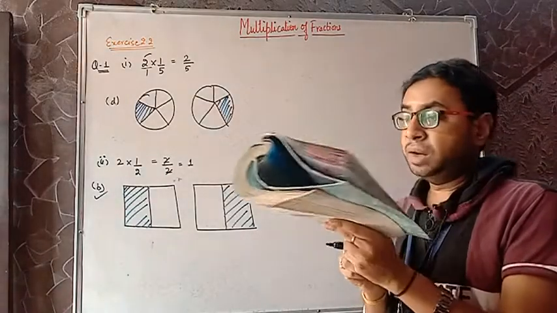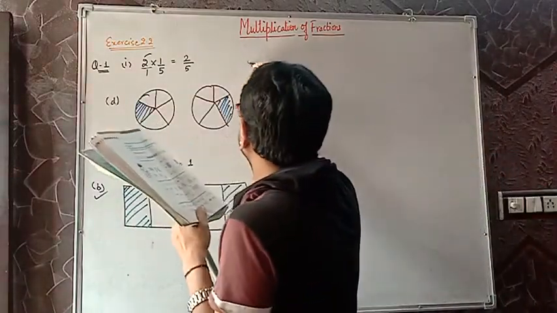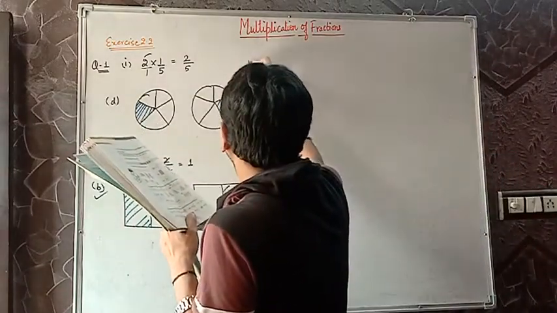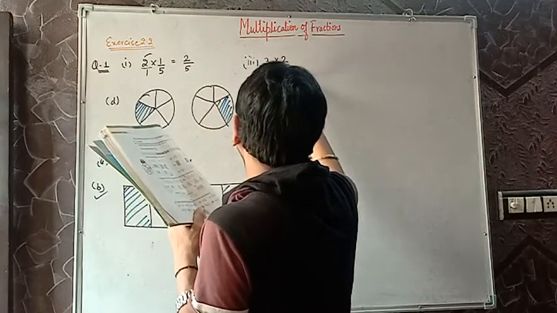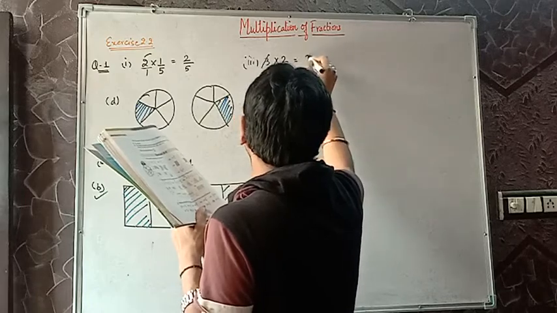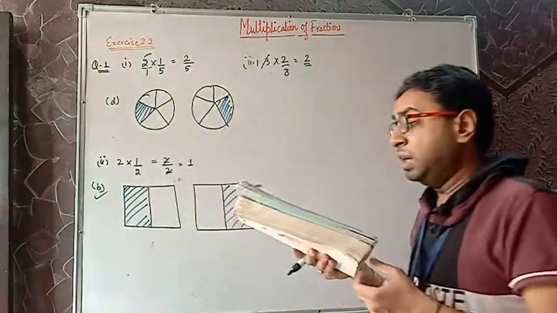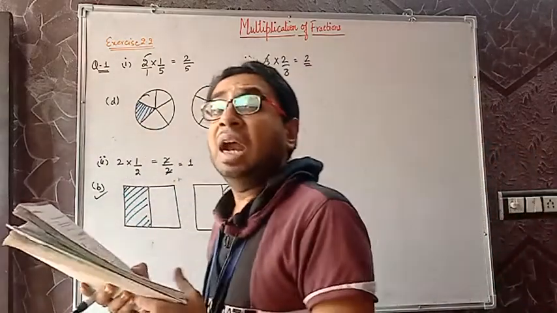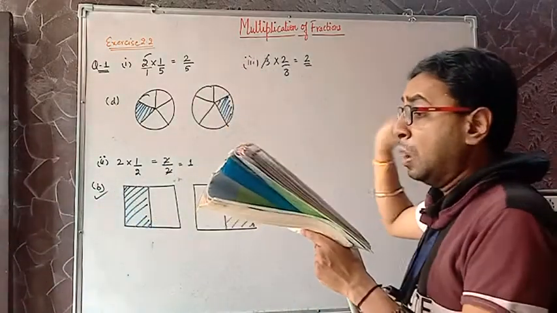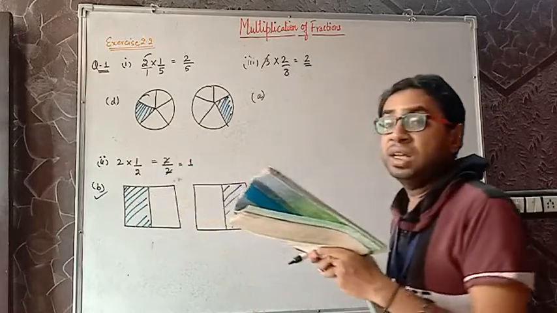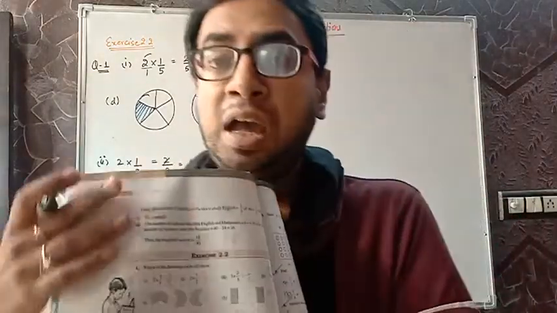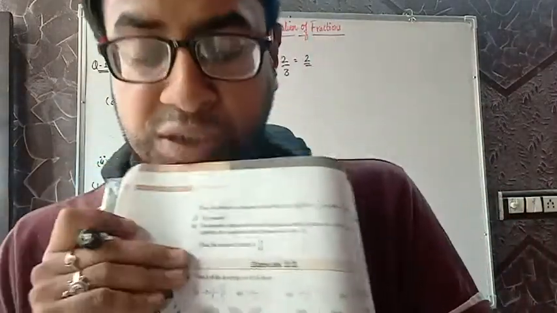Now, third one. 3 into 2 by 3. It means again I can cancel, and I will be getting 2. So it means 3 shapes are given and out of 3 parts, 2 are shaded, which is option A. Option A is fulfilling this condition completely.